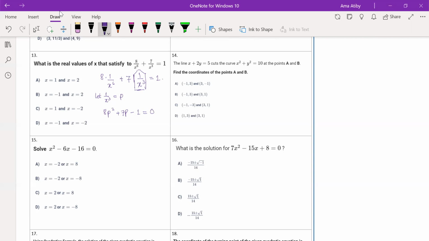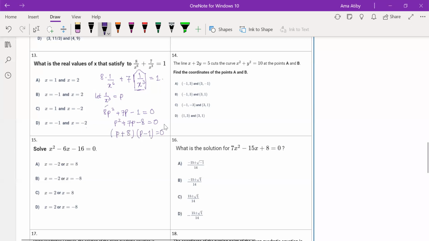First I multiply 8 by negative 1, so I get the monic quadratic with leading coefficient 1 equals 0, and then I just need to find two numbers whose sum is 7 and product is negative 8, so the numbers will be p plus 8 and p minus 1 equals 0.